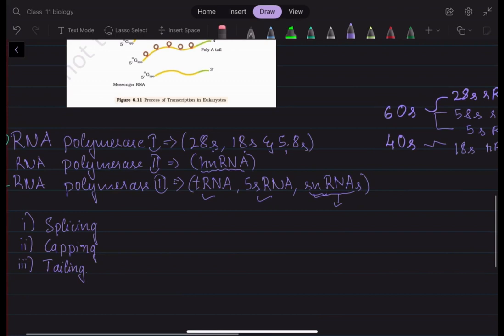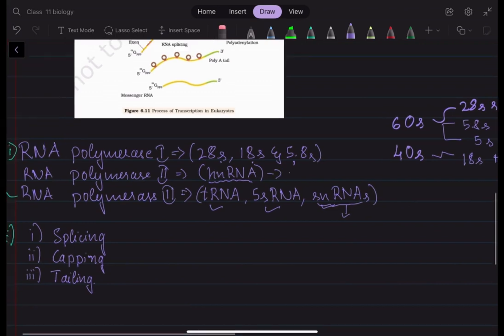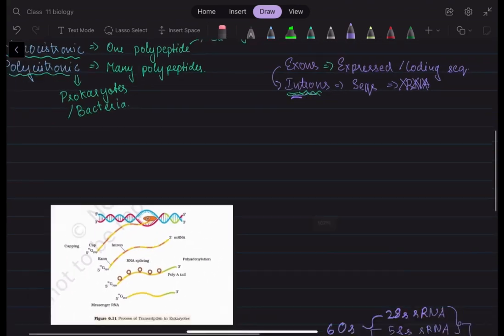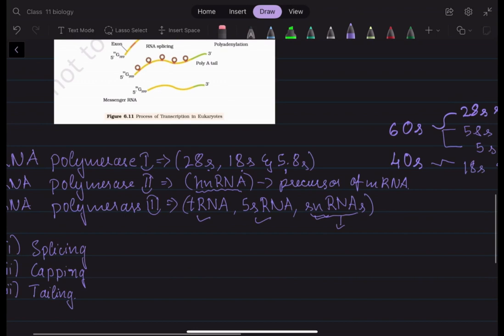This heterogeneous nuclear RNA is nothing but the precursor of the actual mRNA. As I told you, we have introns also, so we need to get rid of introns. This hnRNA basically contains the intron sequences, and we need to get rid of them to get the actual mRNA.